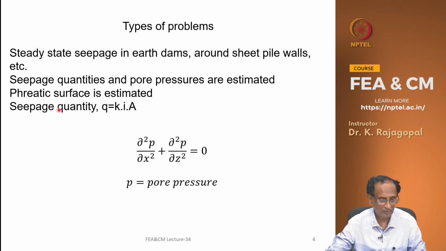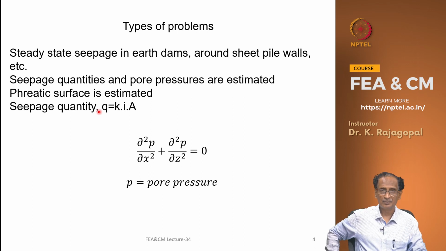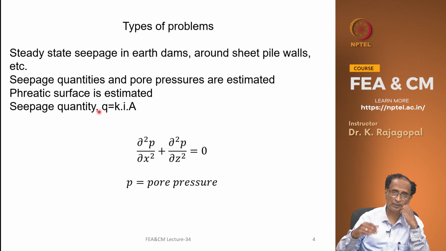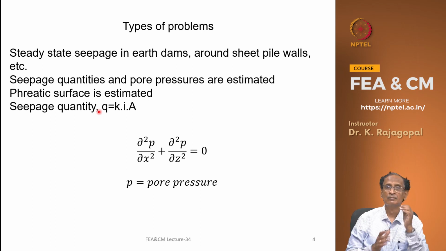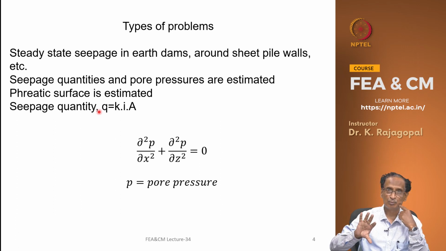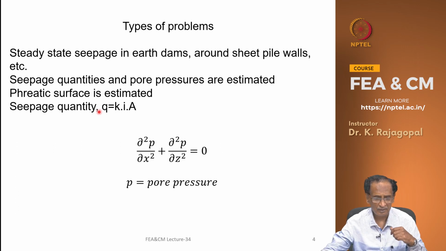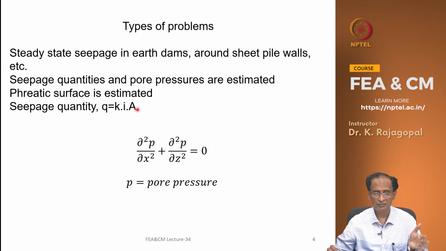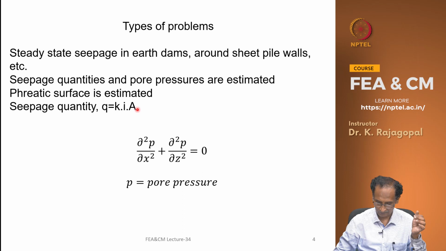We can also estimate the seepage quantity as k times i times A. It is very simple. Once we determine the pore pressures at different locations, you draw a line, and then we can get the gradient i, the head difference divided by the distance. k is the permeability, and A is the cross sectional area of flow.